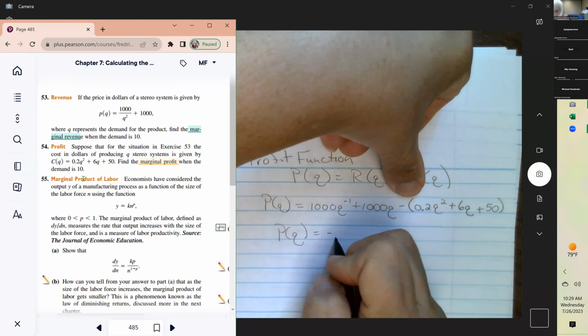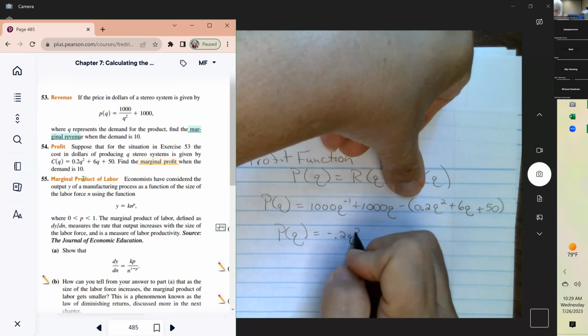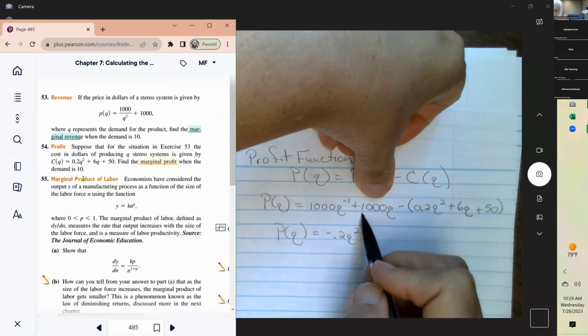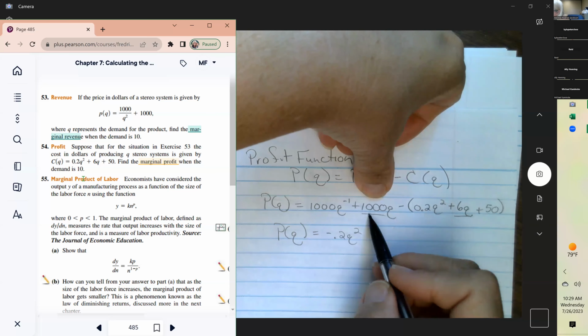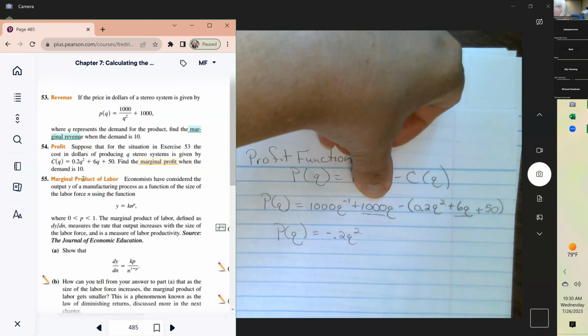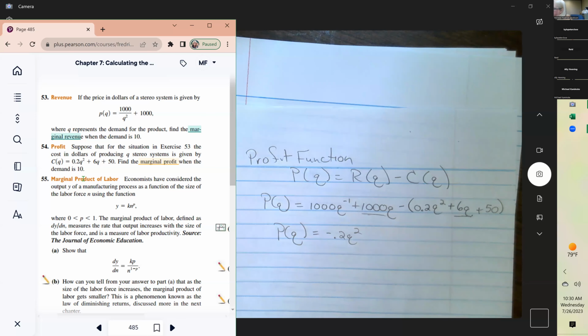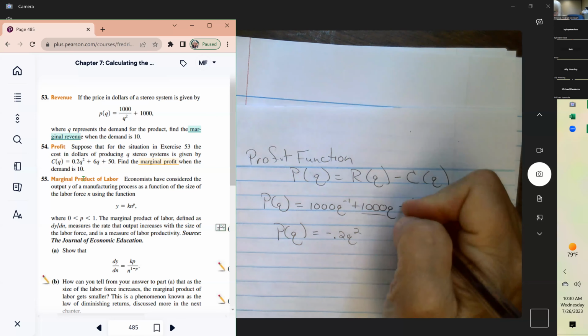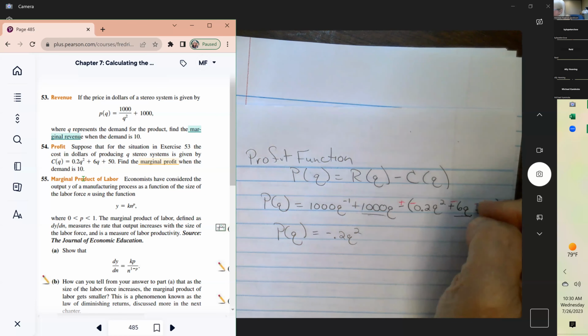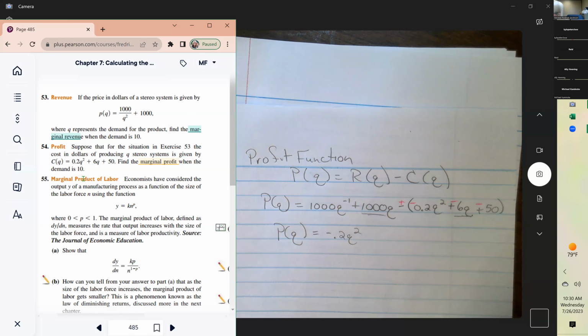Negative 0.2 Q squared. And then this will combine with this one. 1,000. This negative has to distribute. 1,000 minus 6, 994.